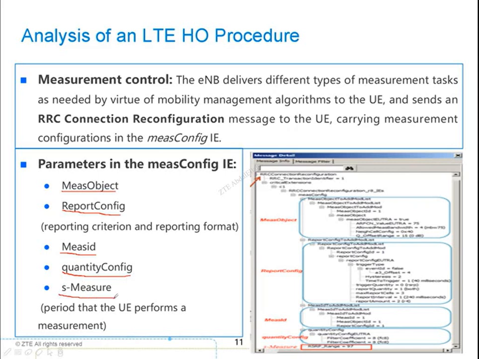This is the measure threshold of the serving cell. And for this parameter, the range is from 0 to 97. The related RSRP value is from minus 140 to minus 44.